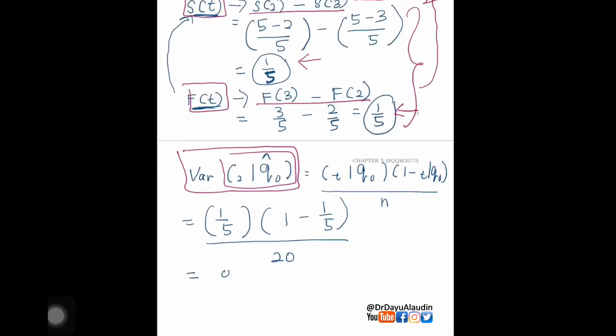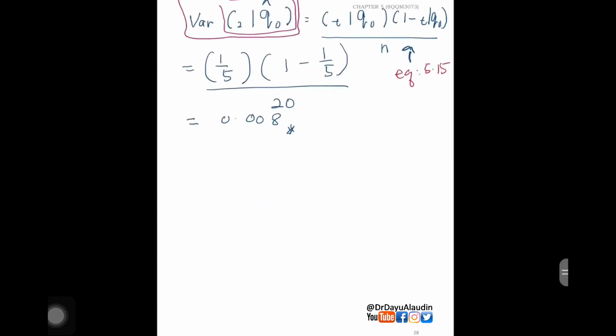So it equals 0.008. This equation you get from 5.15. You can refer back in the notes. Okay.